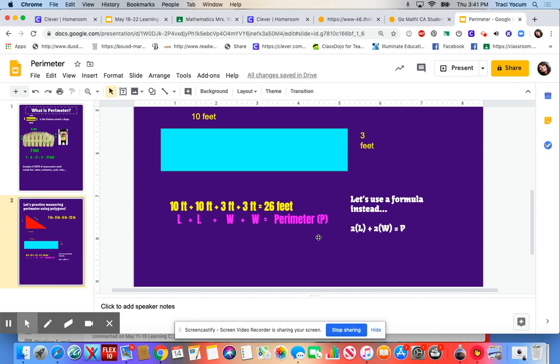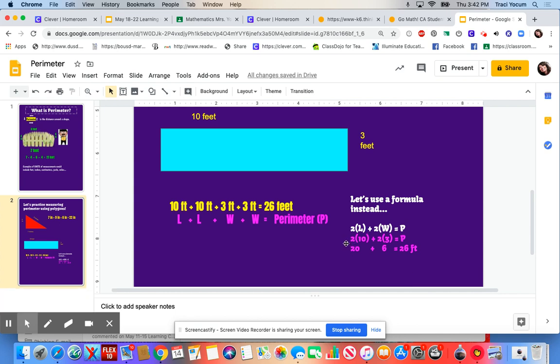I can make that a little bit easier, because what we did really was we multiplied. There are two sides of length, 2 times length, plus 2 sides of width, because it's a four-sided figure. So I said 2 times length plus 2 times width equals perimeter.